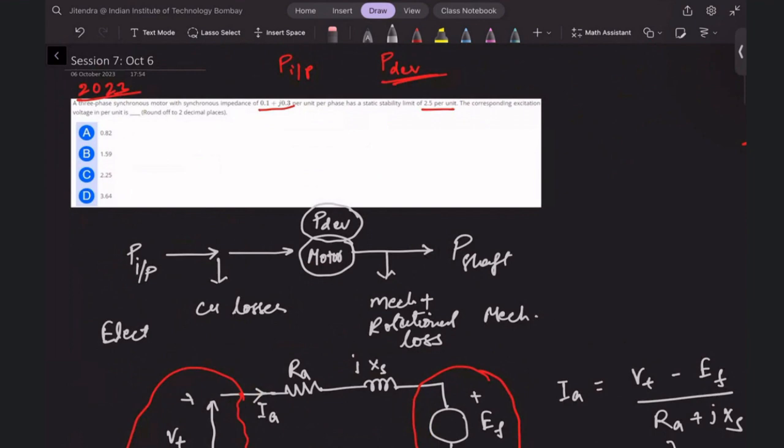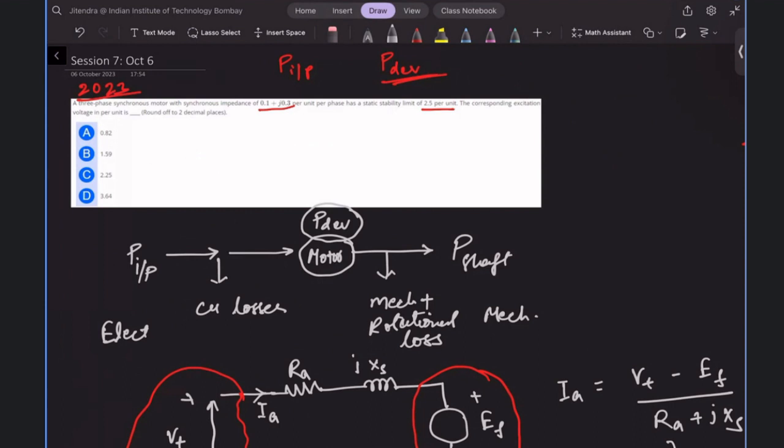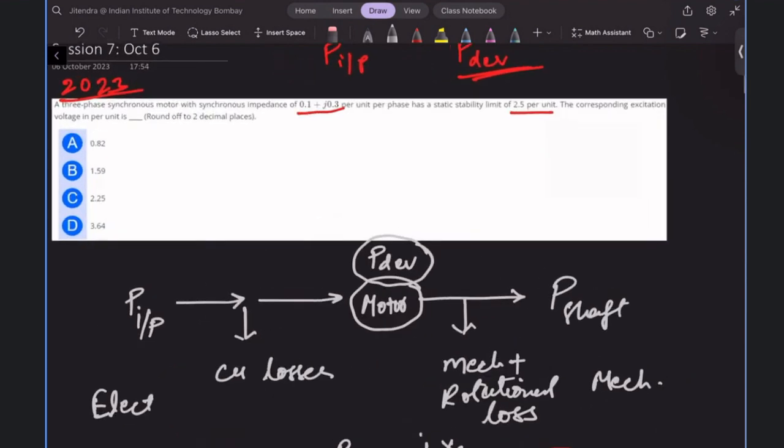Sir, please summarize it because I had joined late. Okay, so in this question, the motor has a static stability limit of 2.5 per unit, and its synchronous impedance is also given in per unit. So we had to calculate the excitation voltage, that is EF.